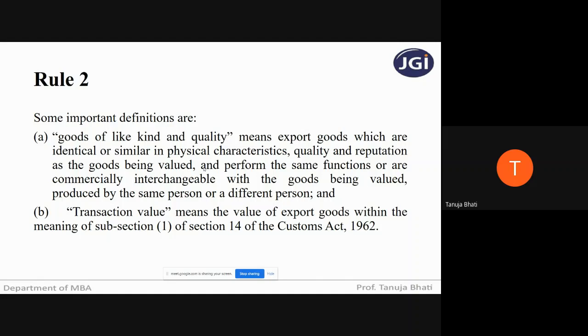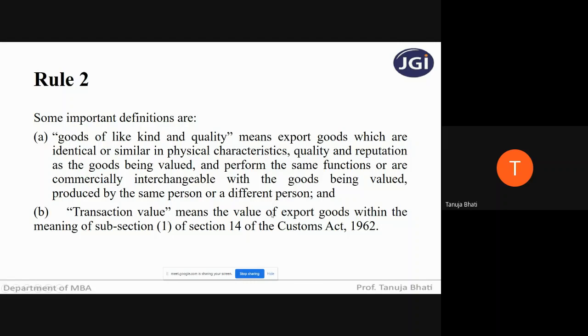This we have already seen when we did valuation of imported goods, but I'm just going through the rules of valuation of exported goods, where this term is the same as in the case of imported goods. Next, transaction value.